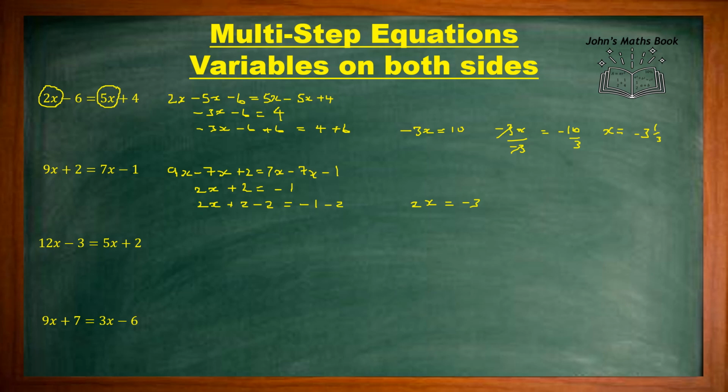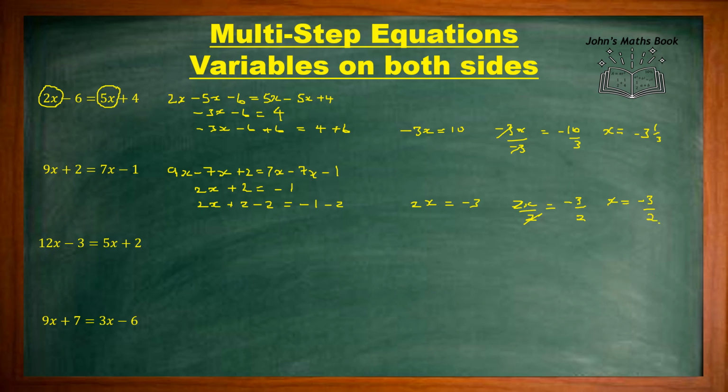Finally, to solve for x, we need to divide both sides by 2. So 2x divided by 2 is equal to minus 3 divided by 2. The 2's cancel out on the left hand side, leaving x is equal to minus 3 divided by 2.